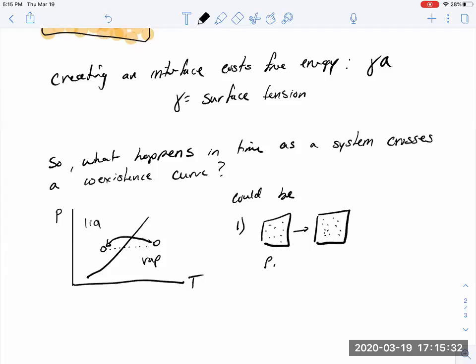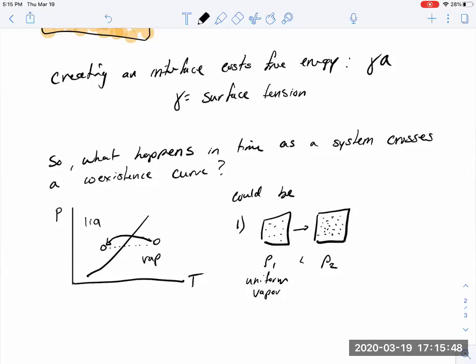So if this was some rho 1, which is a uniform vapor, what happens is that the density uniformly increases to some rho 2 greater than rho 1.